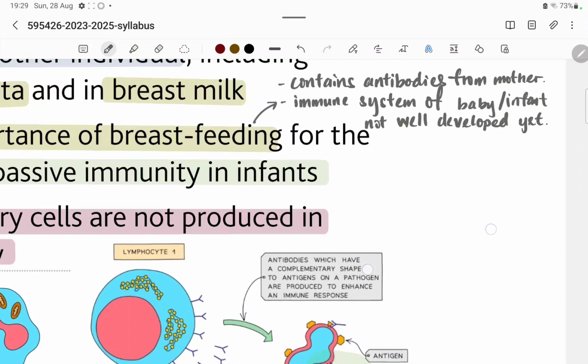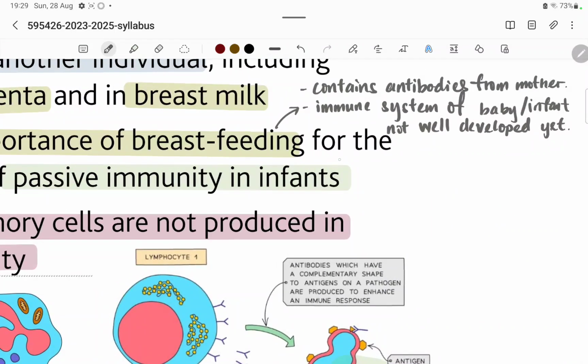And then this kind of passive immunity provides protection against pathogens for the baby.